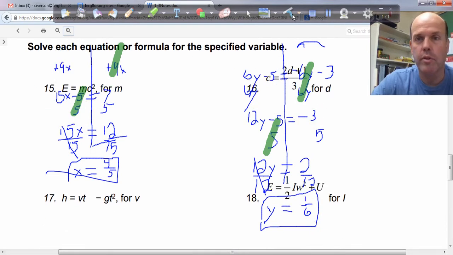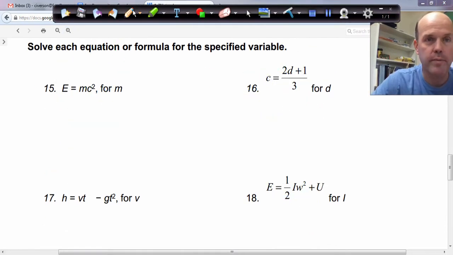Ready for the formulas. Erase my board. Okay. Now we have to solve each equation for the specified variable. So let's highlight the specified variable. I have to solve for m. So there's m. So if that's m, I have to solve for it. So that means I have to get it by itself. So I have to get rid of that.